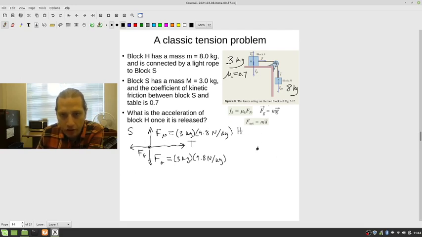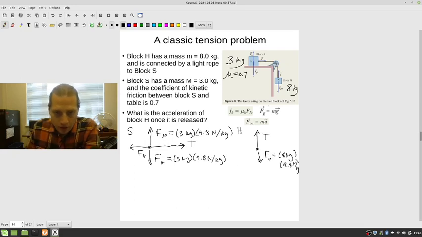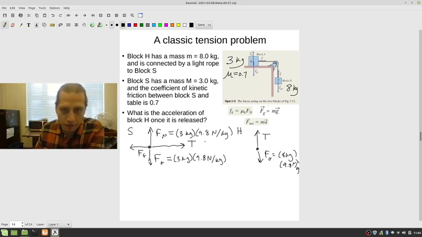And block H has tension force pulling up, and it has the gravitational force pulling down. And the gravitational force will be pulling down on this block with 8 kilograms times 9.8 newtons per kilogram. Okay? So in this type of a problem, it's asking for the acceleration, but I have two things I don't know.